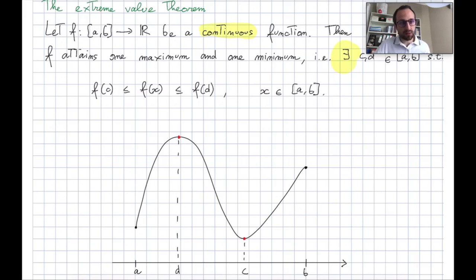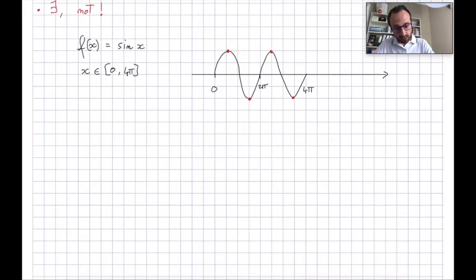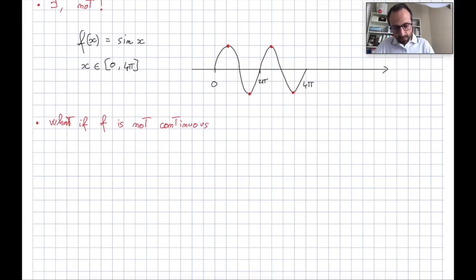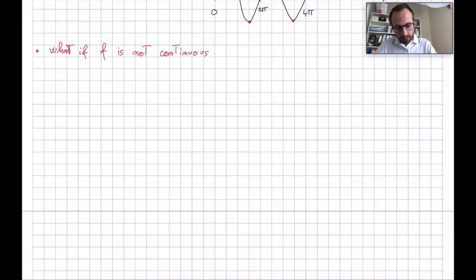Good. The other thing about the statement is the fact that the function has to be continuous. So why is this crucial? Well, if the function is not continuous, the statement may not hold. So let's see why. What if f is not continuous? In this case, let's draw as usual our interval [a, b].